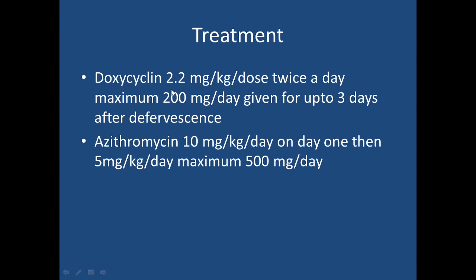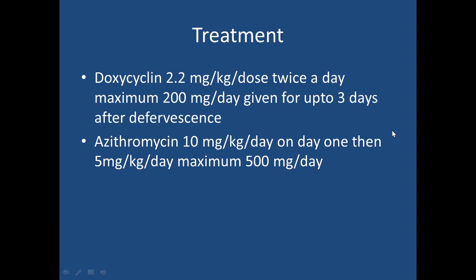Another option: if there is any contraindication to doxycycline, then we can give azithromycin as a second line drug, and the dose is 10 mg per kg per day on the first day. Then we have to give 5 mg per kg per day. Maximum dose is 500 mg per day, and it can be given up to 10 days or more as per requirement.